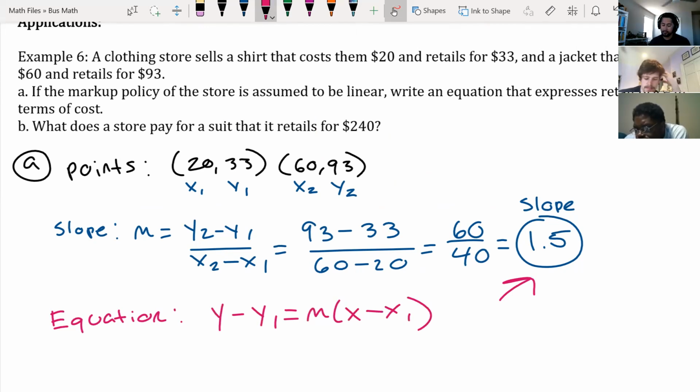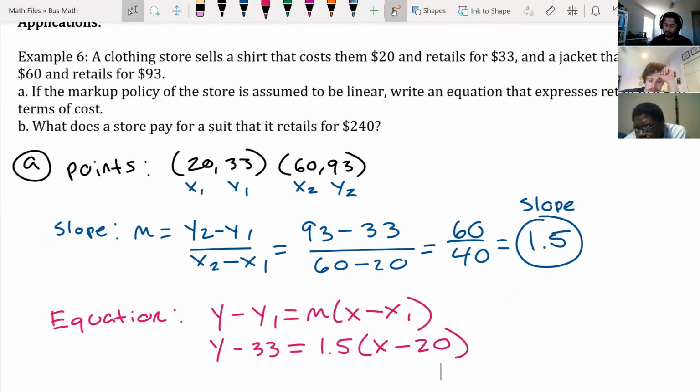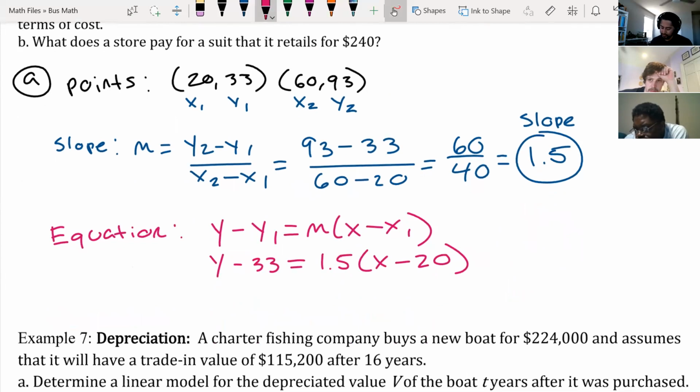And let's plug in everything we know. y minus 33 equals 1.5 times x minus 20. So we're just plugging in all the info. We get y minus 33 equals, and now you're going to distribute that 1.5. 1.5x minus, and then you're going to have 1.5 times 20.